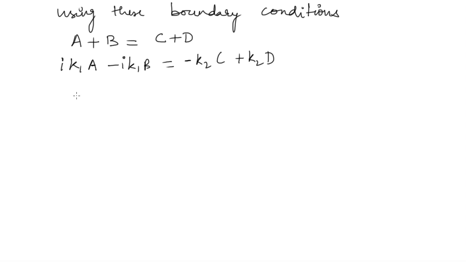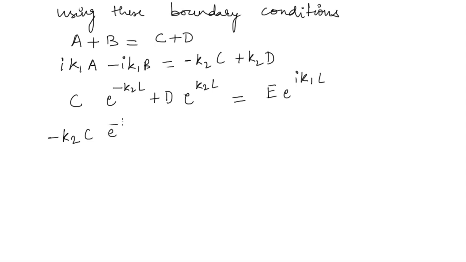Now at x equal to L, C e to the power minus k2 L plus D e to the power k2 L is equal to e to the power i k1 L. That is, psi 2 is equal to psi 3 at x equal to L. Then their derivatives: minus k2 C e to the power minus k2 L plus k2 D e to the power k2 L is equal to i k1 e to the power i k1 L. You can just check the derivative of the previous equation.